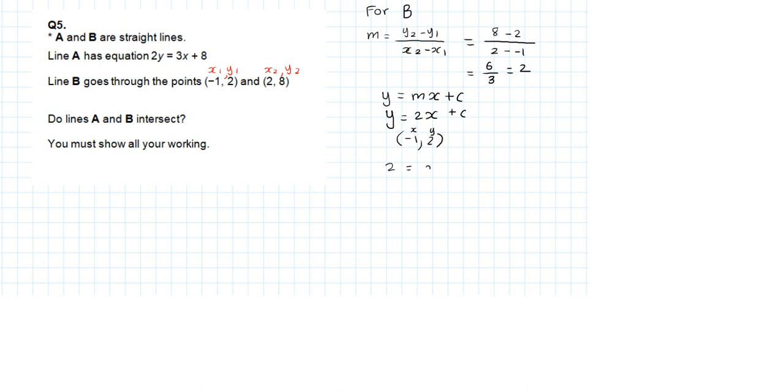So 2 times minus 1 plus c, it's going to be minus 2 plus c is 2. Add 2 to both sides to get rid of minus 2 and get c on its own. So c is 4. So the equation of this line is y equals 2x plus 4.